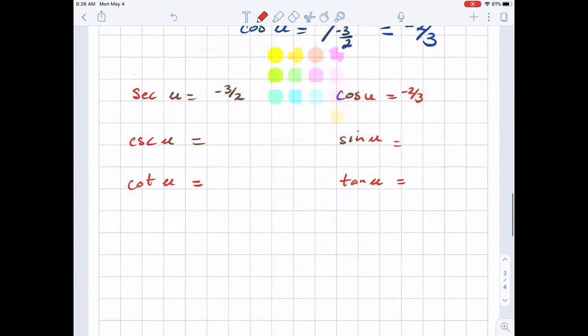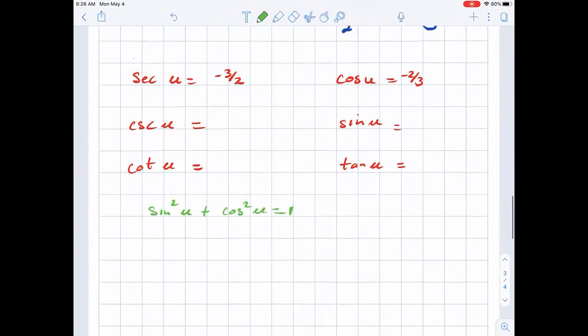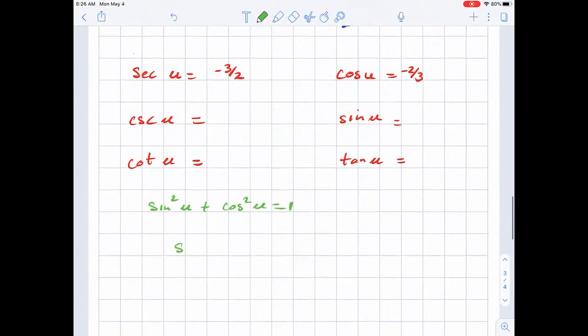Well, if you're careful, you know that sine squared u plus cosine squared u is equal to 1. This also tells you that sine squared u is equal to 1 minus cosine squared u.